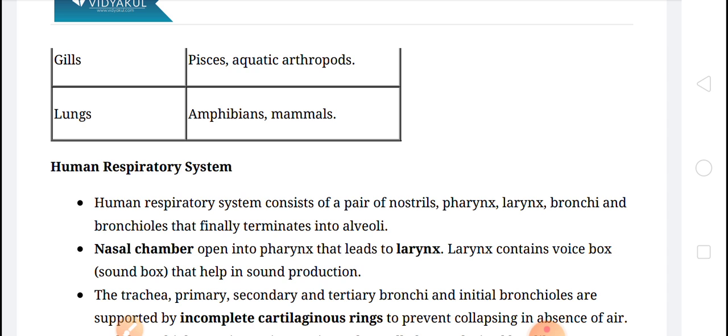Other parts also: the external nostril, nasal chamber, pharynx, larynx, trachea, bronchi. There will be primary, secondary and tertiary bronchi and bronchioles, and last, alveoli. So we see about the human respiratory system.